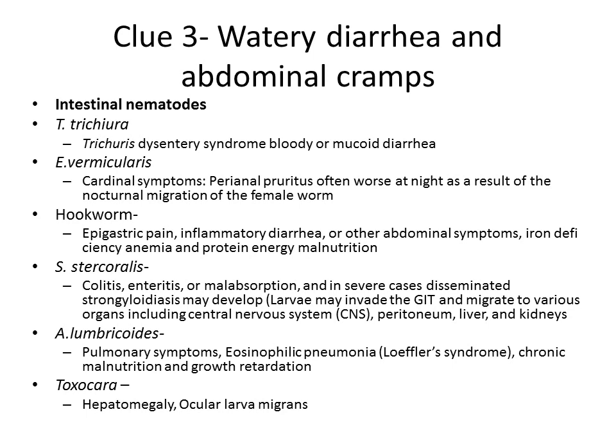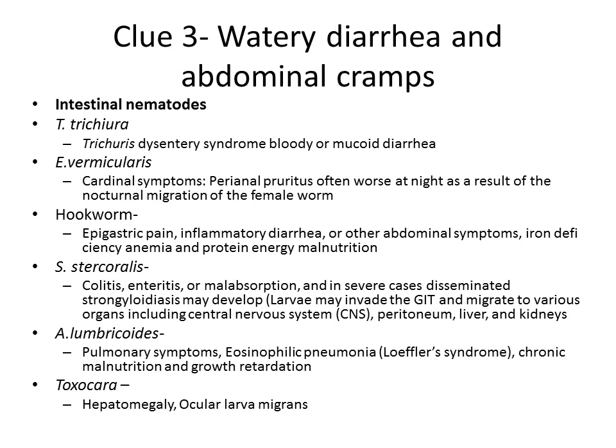Enterobius vermicularis produces cardinal symptoms, that means the female adult worm migrates from the colon to the perianal area at night time. Hookworm causes epigastric pain and inflammatory diarrhea. At the same time, they produce iron deficiency anemia and protein energy malnutrition, which are also significant clinical features.